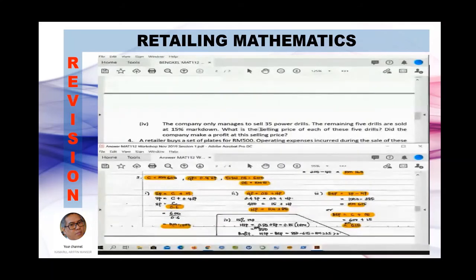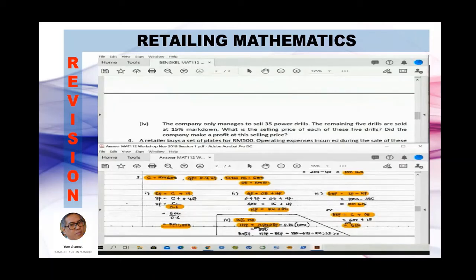So dia so cari first harga baru dia. So untuk yang 5 power drill tadi, setelah markdown 15%. So kat sini kita ada persen markdown adalah 15%. So the new selling price is simply the reciprocal of the markdown. So what is the 0.85? 0.85 ni is simply 1 tolak dengan 0.15, iaitu 100% tolak dengan 15% markdown.